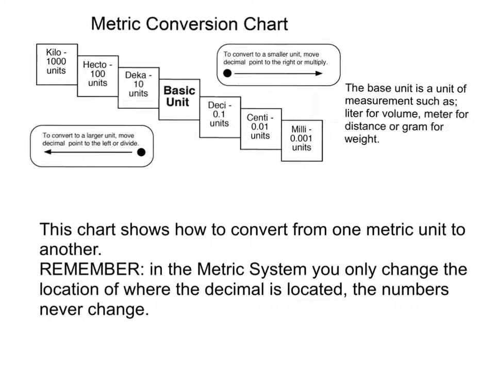As it shows right here, we start with the basic unit. Then if we're going to convert to a smaller unit, we would move the decimal in this direction. Okay? So if I had 1.0 grams, and I wanted to know how many milligrams that equals, I would write the number down, 1, and then say, okay, that's going to be moved how many places?